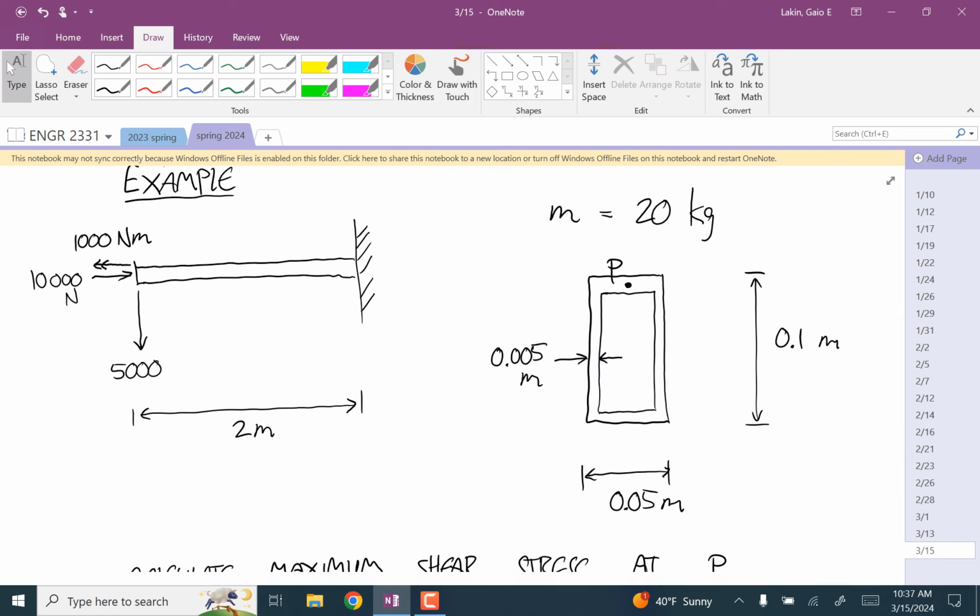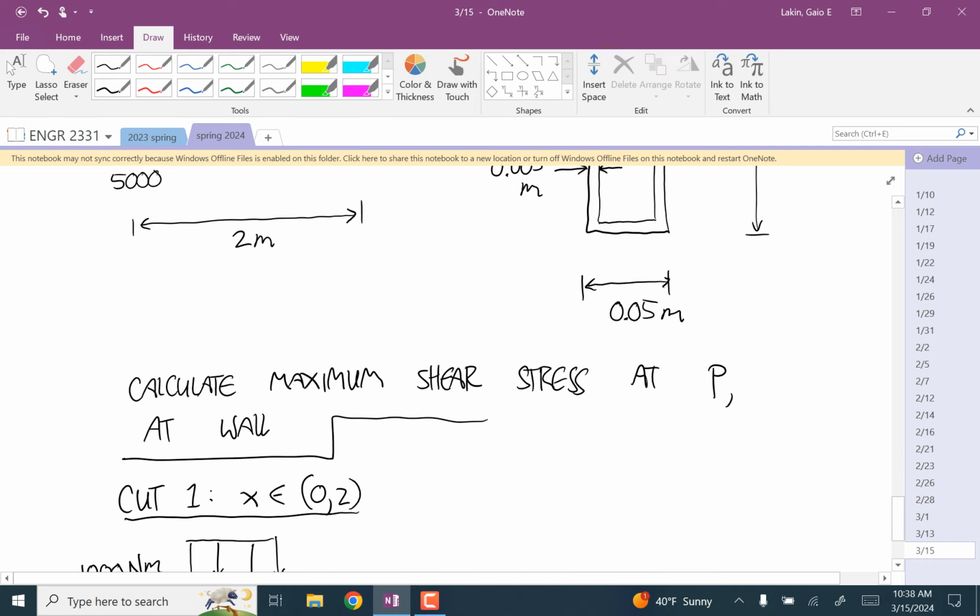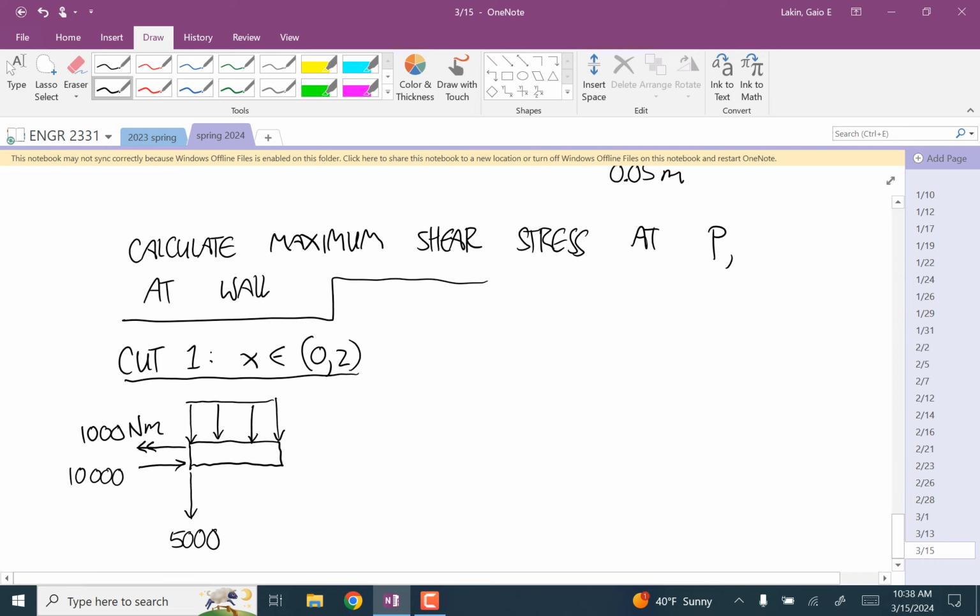What's that distributed load going to be? Well, the total weight is 196.2. That's spread out over 2 meters. So we get a value of 98.1 newtons per meter.